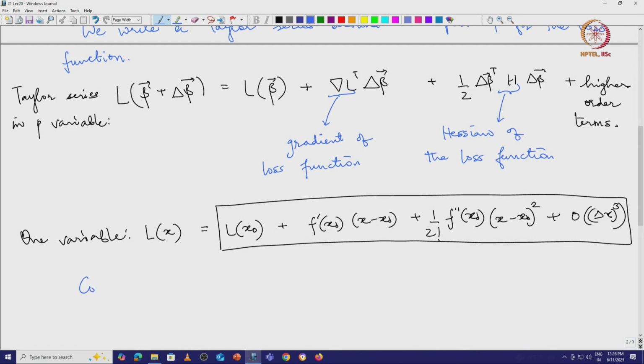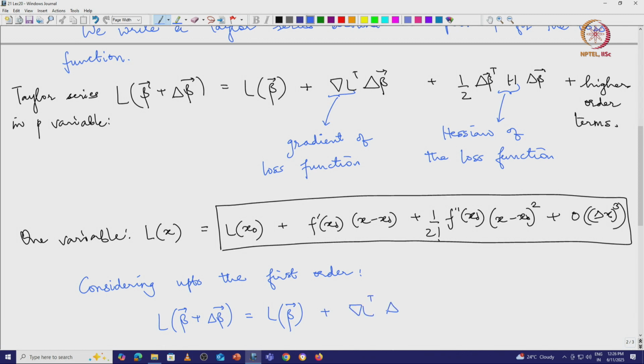So, considering up to the first order, we can write L of beta plus delta beta is equal to the loss function at beta plus the gradient L transpose times delta beta, right.